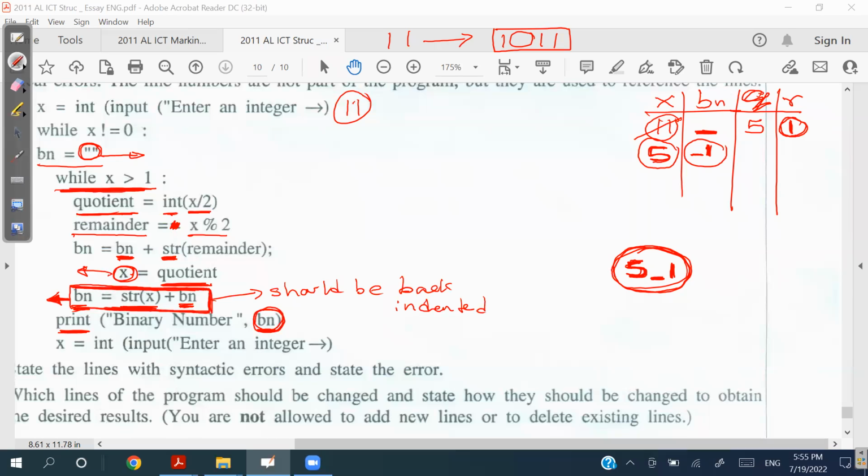This should be back indented. That means now this is not inside this while loop. This while loop contains only these things. These belong to this while loop.